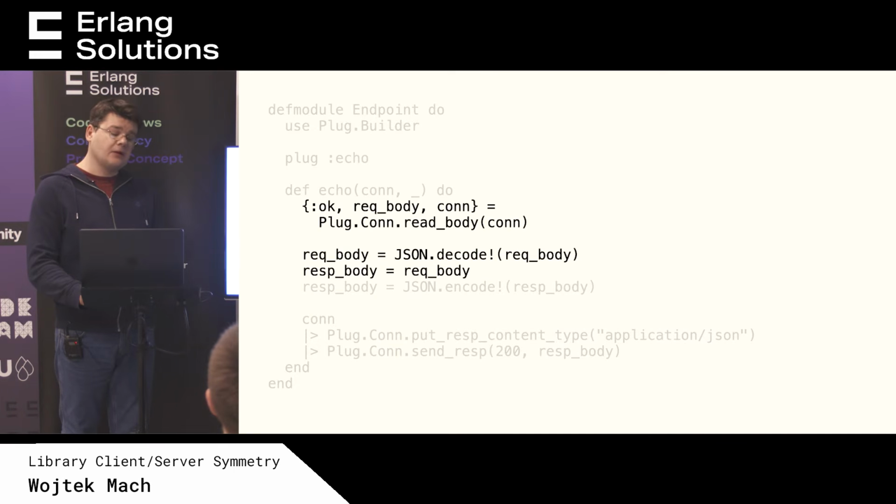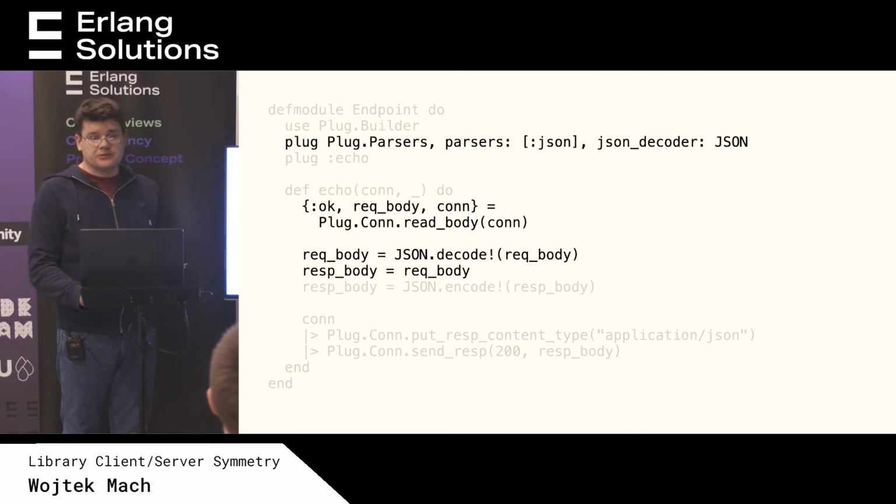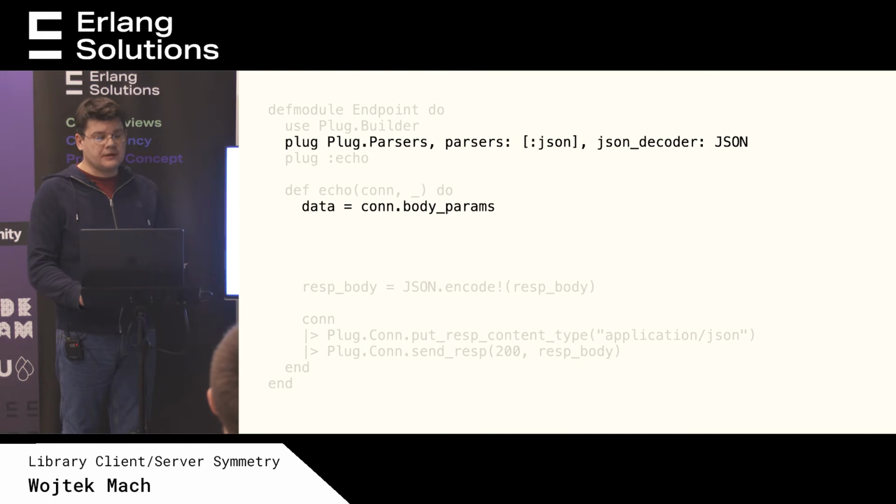This part about reading JSON or some other formats is abstracted away by Plug. You can do it yourself, but there is also a plug called Plug.Parsers that can do it for you. And so we can remove that code. Notice I mentioned that we don't have conn.body, the raw request body, but with the Plug API, we have conn.body_params. So Plug.Parsers puts data into this body_params field on the struct.